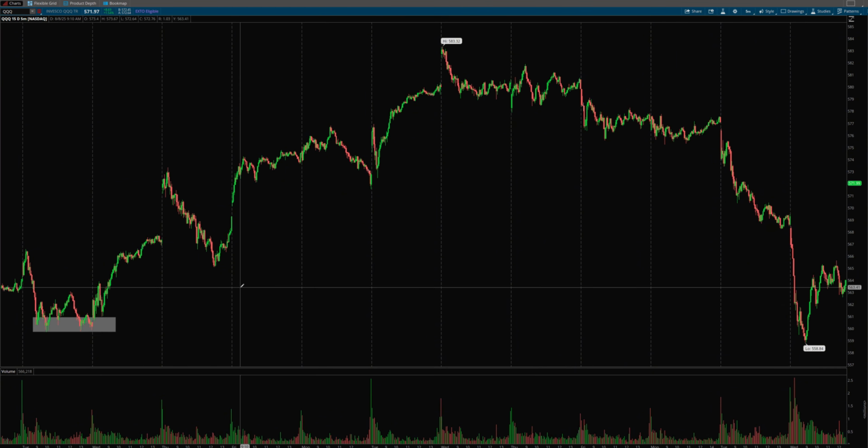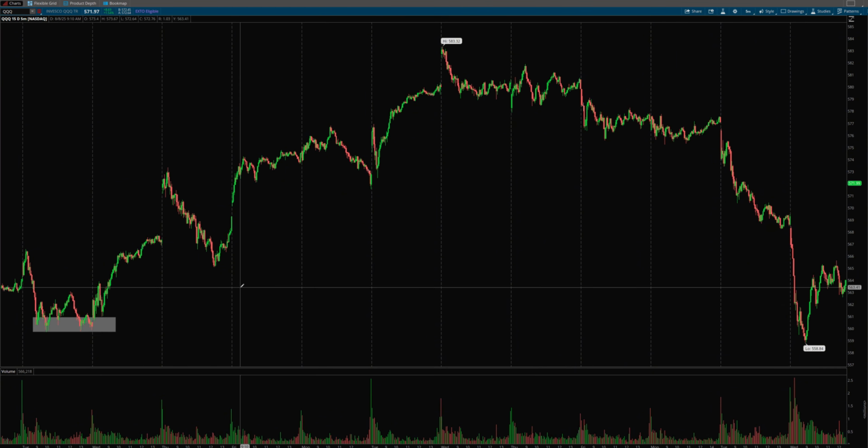So the reason that this happens over and over again is buyers who maybe missed, say, this first move, set a buy target in this zone with the logic that if price comes back into this zone, it will do what it has done the last several times and bounce.